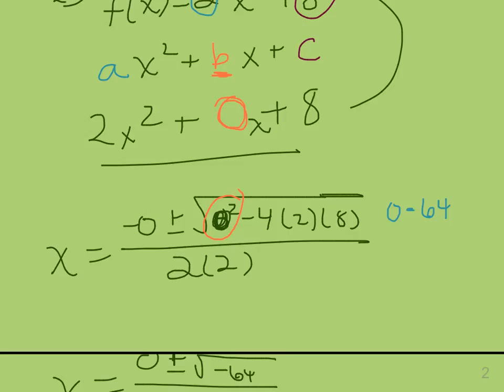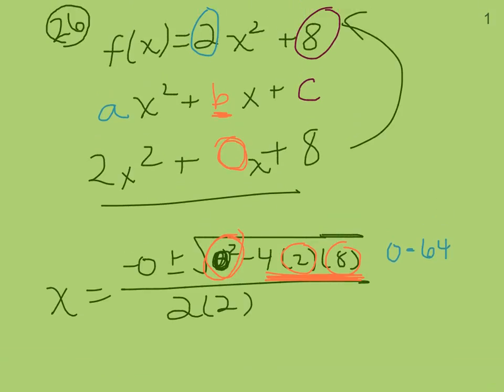So what we can notice as a pattern here is that if all of these are positive, meaning that A is positive and C is positive, while B is 0, then you know you're going to have unreal solutions. So we have 2x squared plus 8.